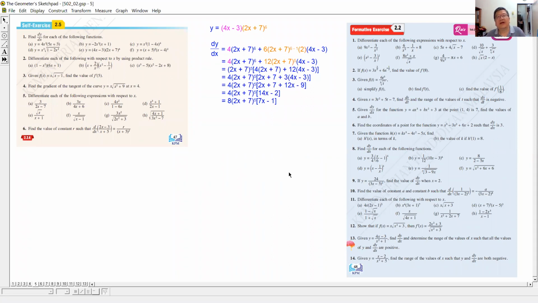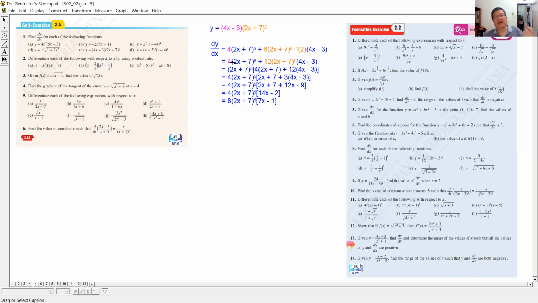Now when you want to factorize, you must not take out the 4 only. When you take out the 4 and put it in front, then the 12 should become 3. But if you take out the 4 and the back remains the same as 12, that means it's wrong.